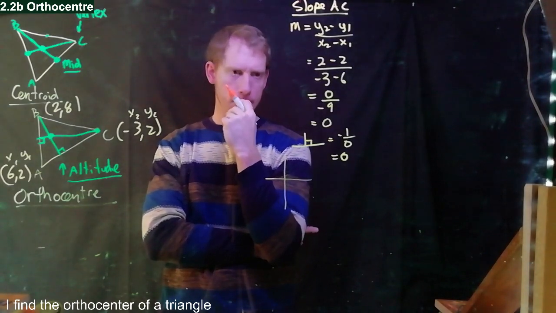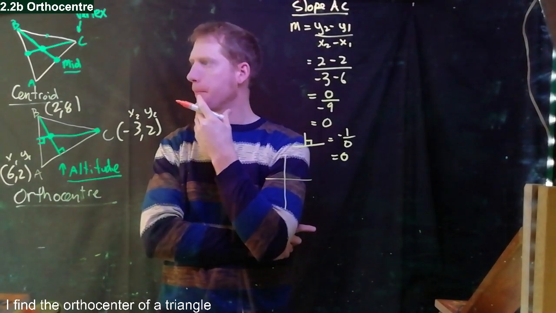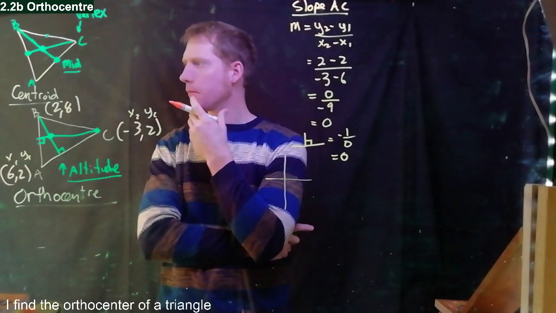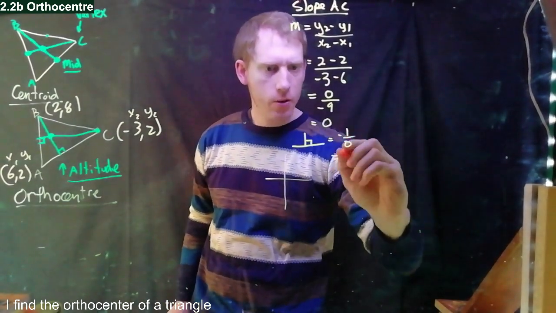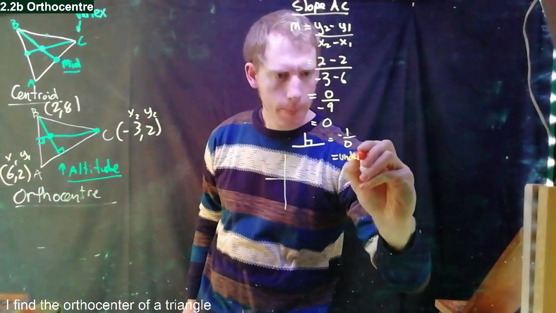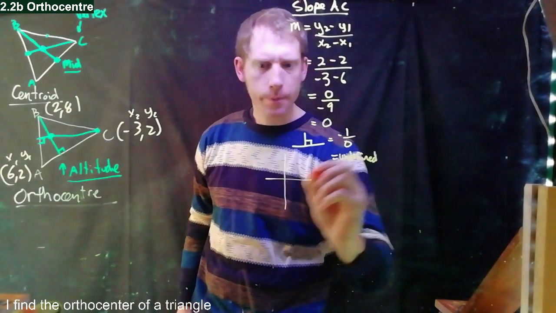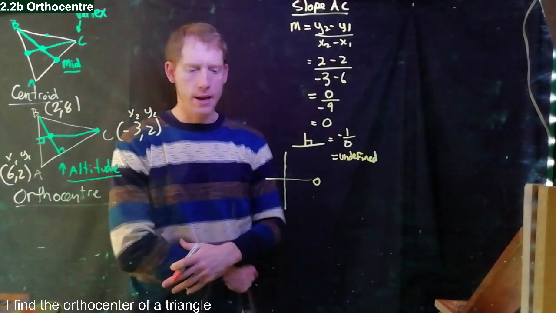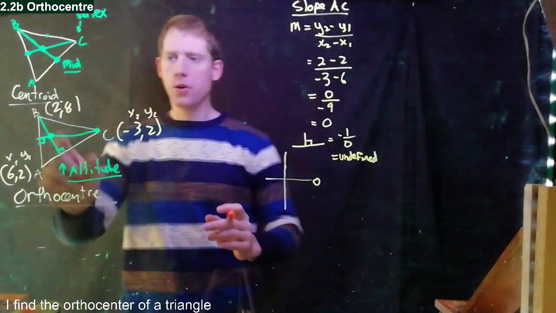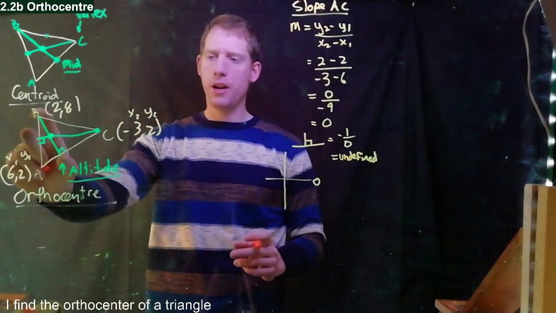Oh, that's very interesting. It's undefined. 1 divided by 0 is equal to undefined. Because if this is a slope of 0, the other one is going straight up. Okay? So therefore, the altitude of this is going straight up here.